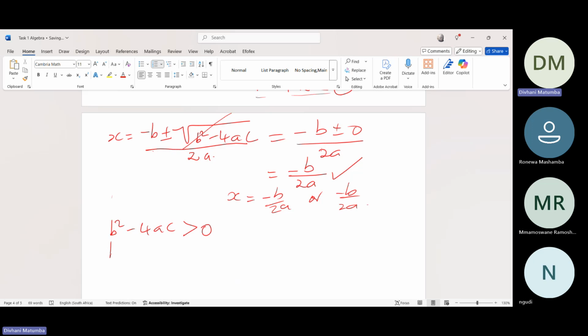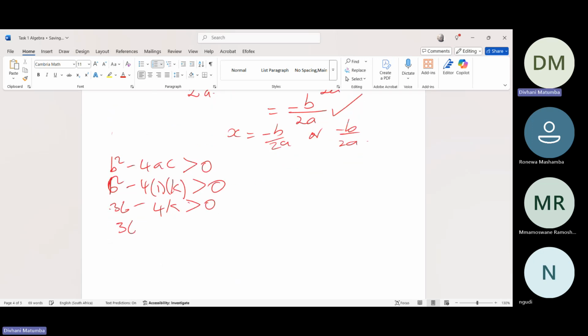So we're going to have 6 squared minus 4 into the value of a is 1, the value of c is k. So 6 squared will be 36. 36 minus 4k should be greater than 0.